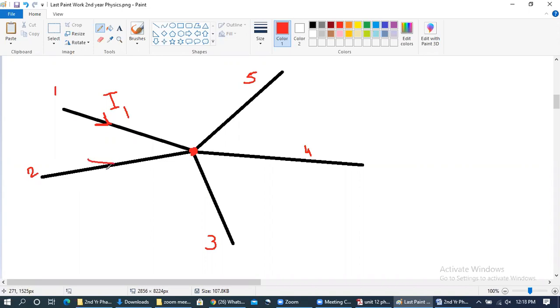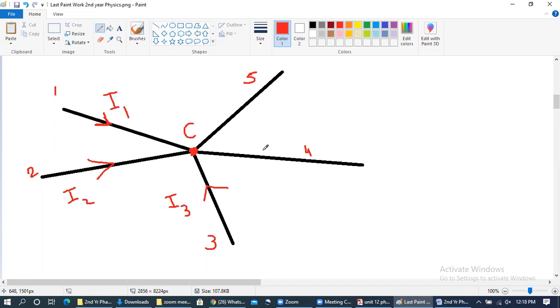The second wire has a current I2 coming toward this point. Let the name of this point be C, for center or origin. Wire 3 also has a current entering the system. This is I3.